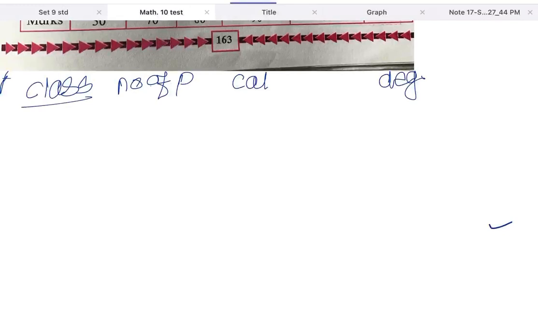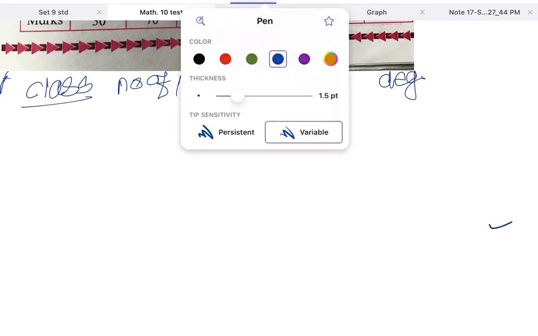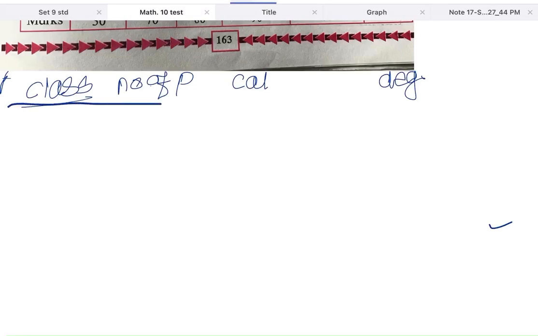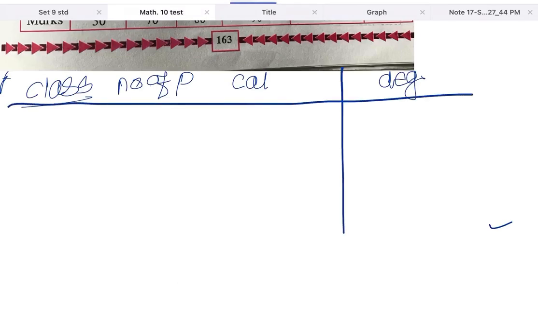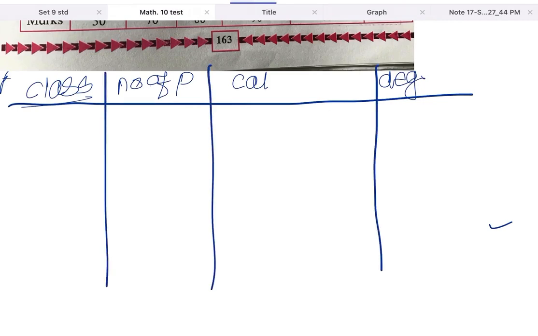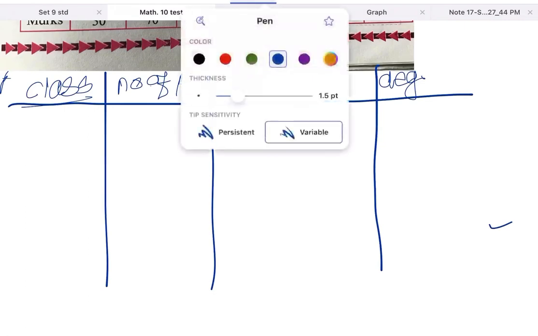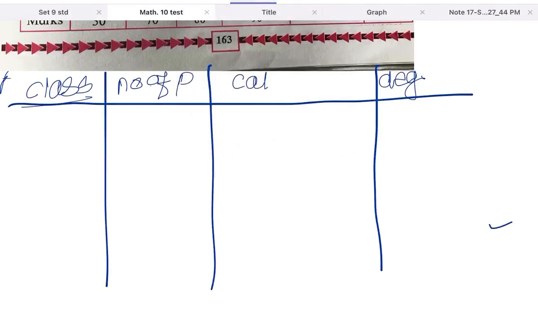So class is there, along with that, sorry, degree, calculation, number of people, and class. So quickly copy the data. So what is the data? First of all, write down the class 20 to 25.